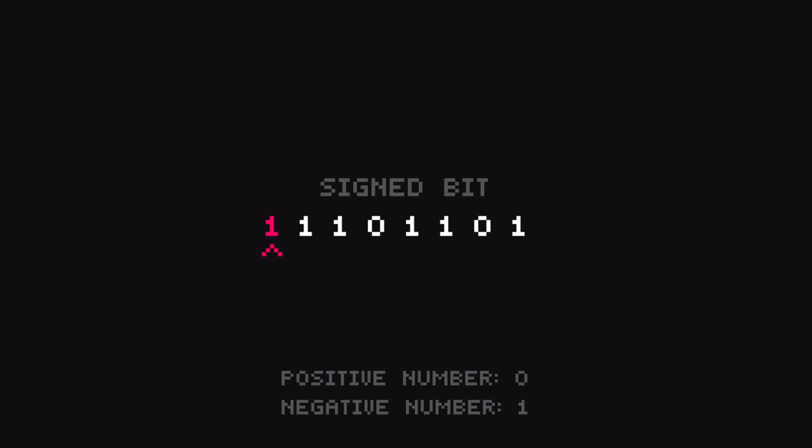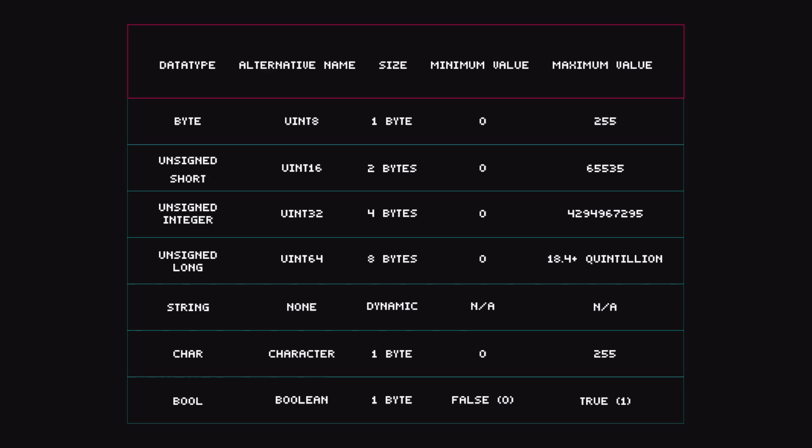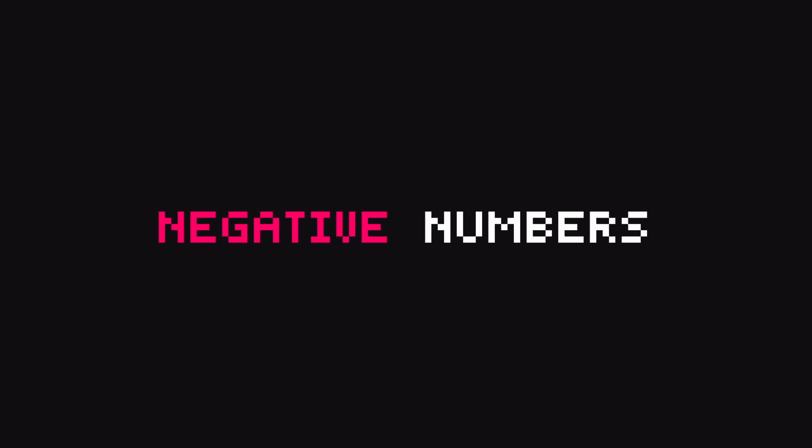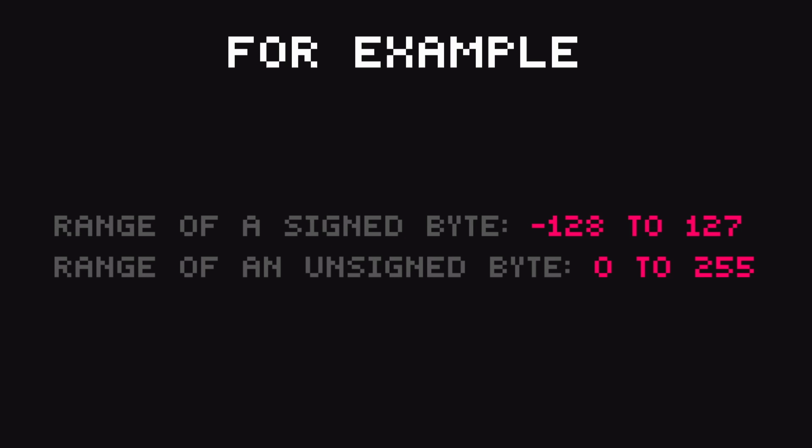So you can see that we now only have 7 bits to play with instead of 8 bits. That's why the range is smaller. So basically, unsigned is just a way of making the range start at 0 and only use the positive numbers and use a total of 8 bits instead of 7 bits. And if we make an integer signed, it also means we're including negative numbers. So the maximum value will decrease as well, as the minimum value is also lower than 0.